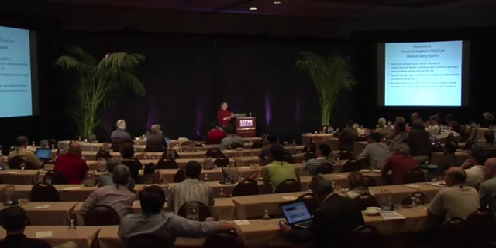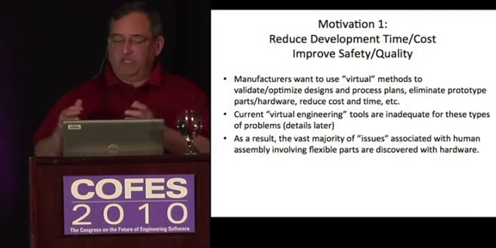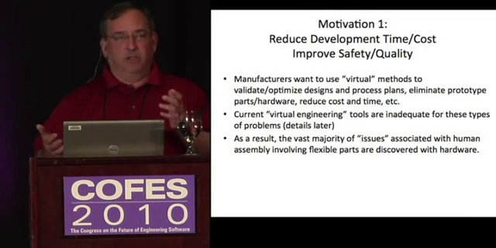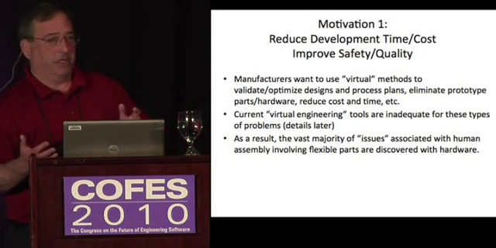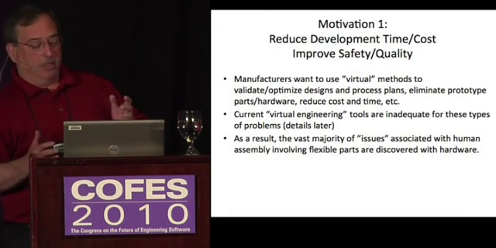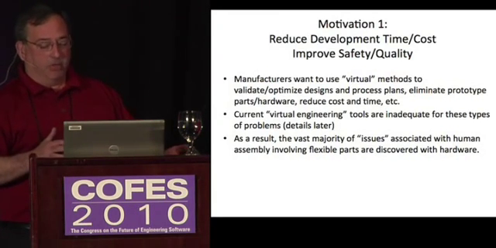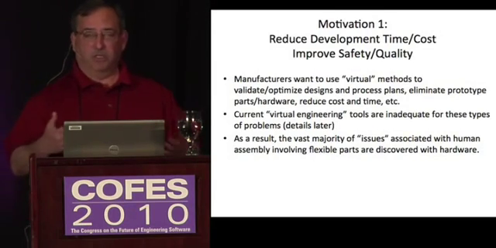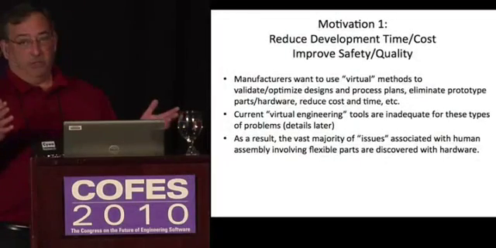So why are we interested in these things? I want to emphasize that we want to use our virtual methods to validate and optimize our designs and our process plans to eliminate prototype parts and costs, to identify issues earlier, to reduce our costs and time, improve our safety. It's not about pretty pictures.